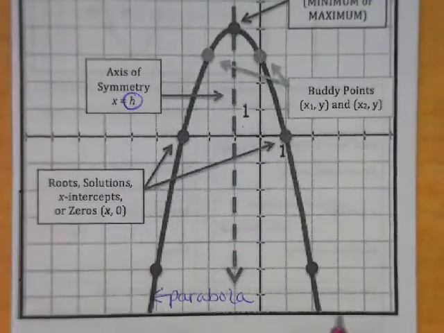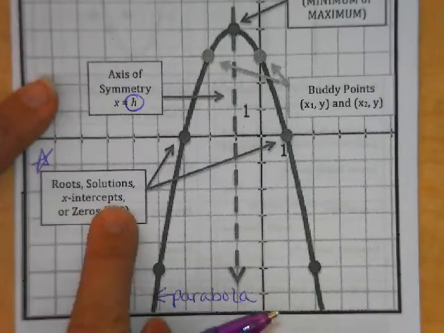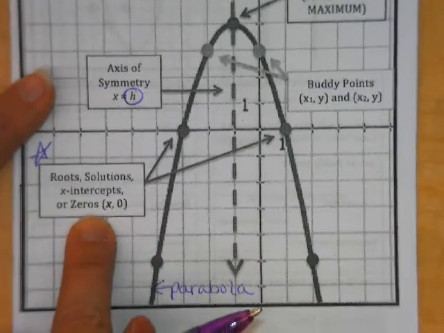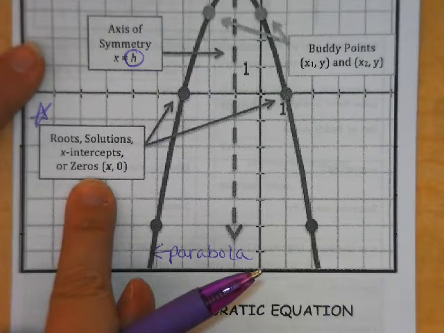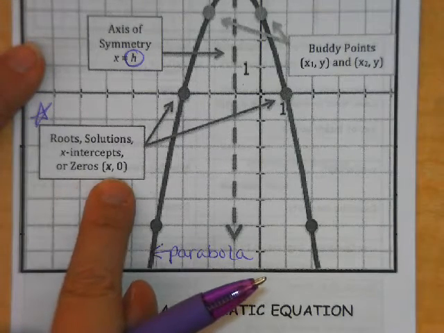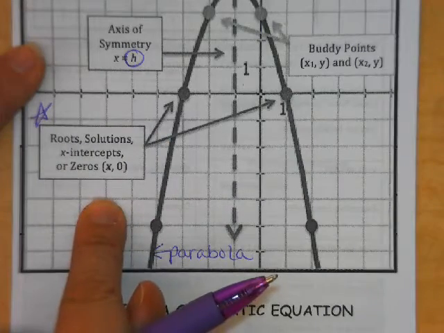And then this is the super duper big one: roots, solutions, x-intercepts, or zeros. You've actually heard the word zeros before. We did that when we did characteristics of graphs. These are all synonyms. They all mean x-intercept.